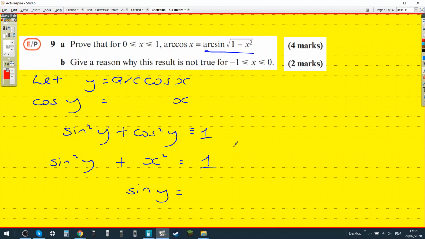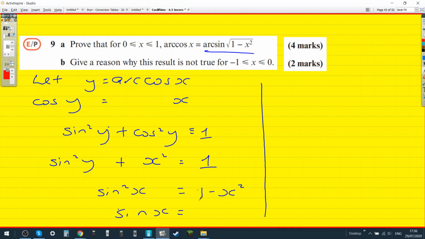Square root both sides. Or what is sine squared y equal to? 1 minus x squared. Yeah. And now do your square root both sides for sine y. Square root 1 minus x squared.